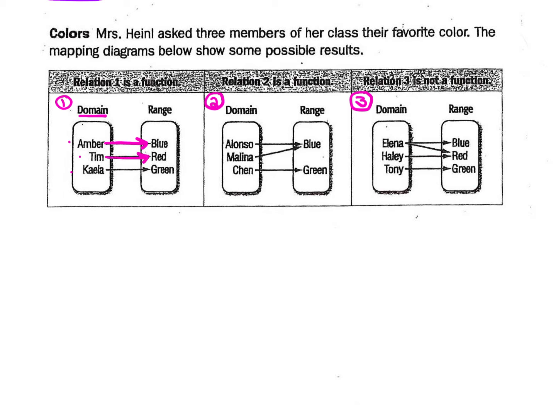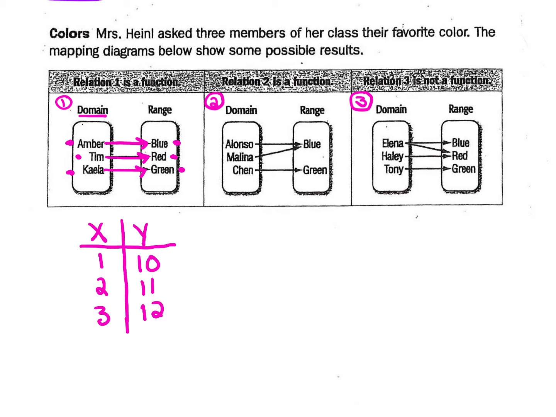Tim, the second student, has exactly one favorite color, that's red. And our third student has exactly one favorite color, which is green. Each input has exactly one unique output, such as this numerical chart.